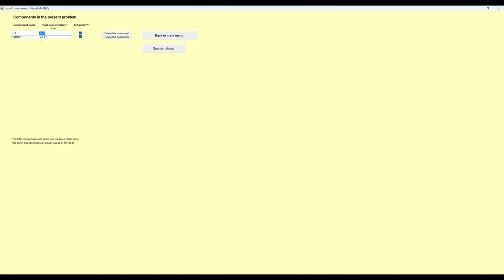When we look at the list, we add 10 to the minus 3 proton, 10 to the minus 3 acetate. And it gives us good information about the species that we already entered.